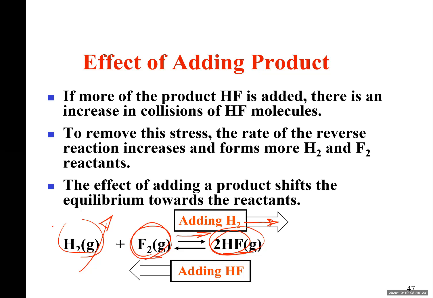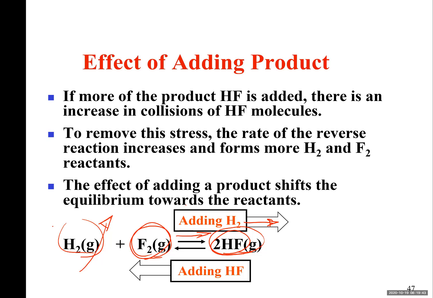That's what Le Chatelier says. What direction is it going to shift? Toward the direction which counteracts what I did. What did I do? I increased hydrogen concentration. So equilibrium is going to shift to decrease hydrogen concentration.